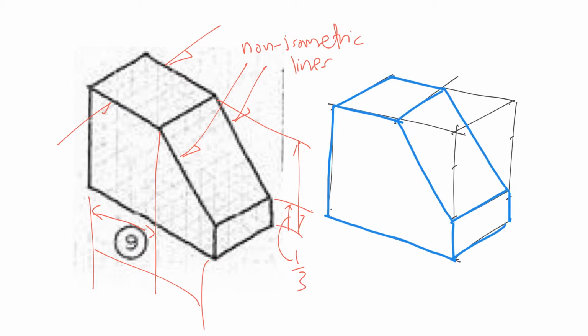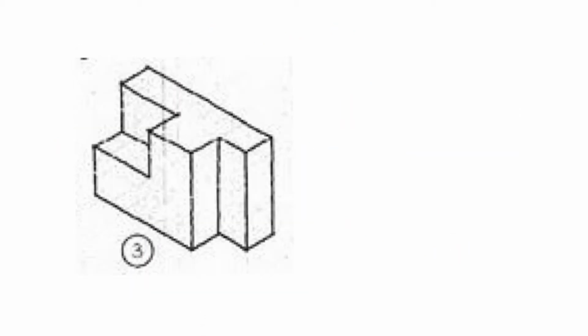Okay, let's take a look at another example. This is example number 3. Again, in terms of the size of the cubes, you will probably see that this is a little bit elongated. So what you have over here is this length being longer than this particular length over here. Again, applying the concept of proportion, we will want to take a look at how we can apportion some of this length.